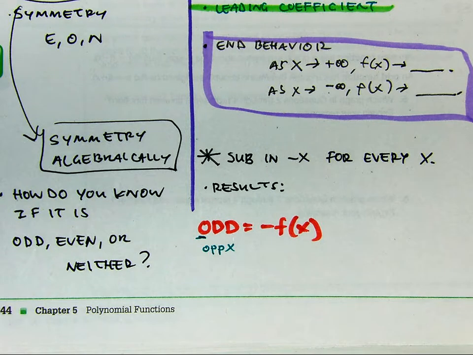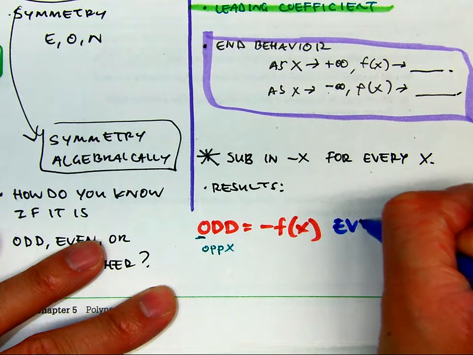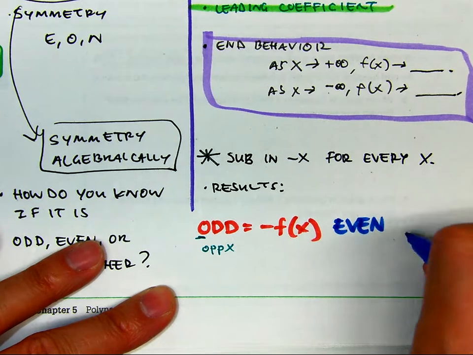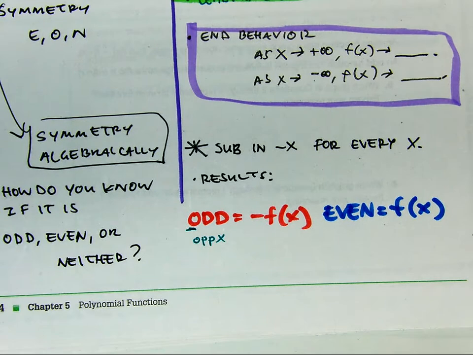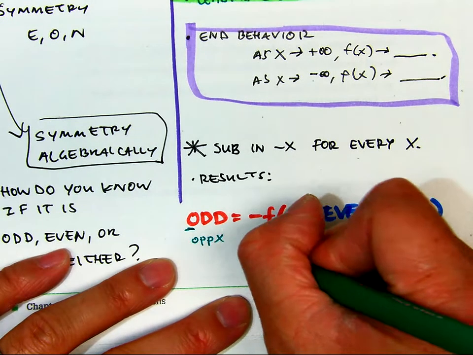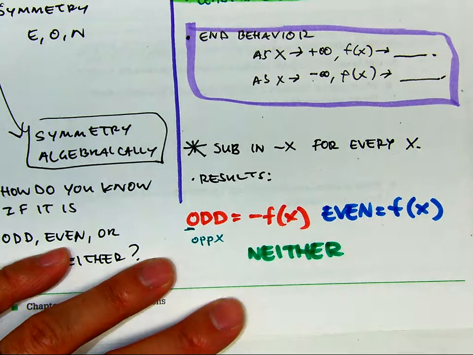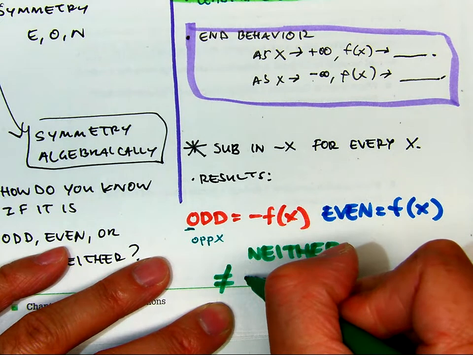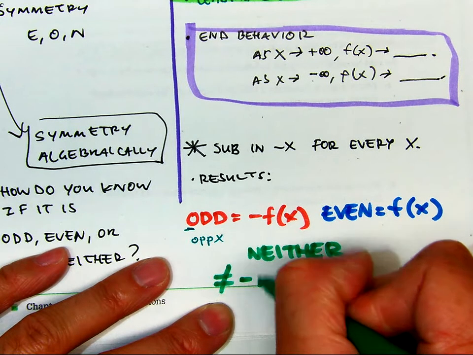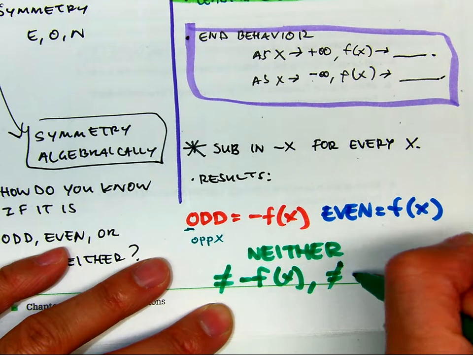It's going to be an even if it's the original function. And it is neither if it is not equal to the opposite, and it's not equal to the original.